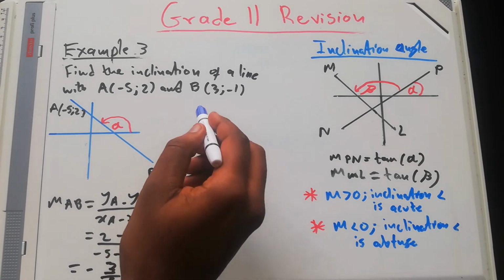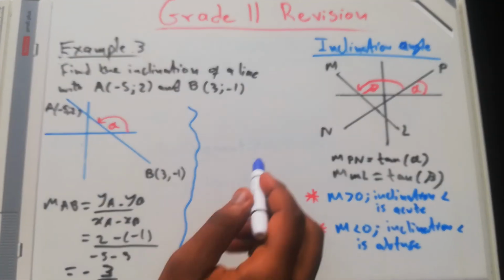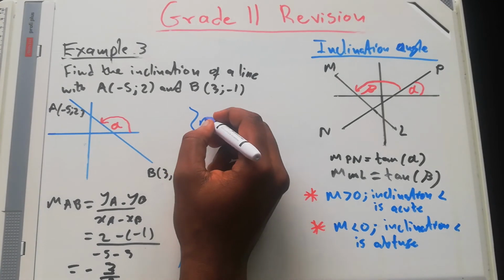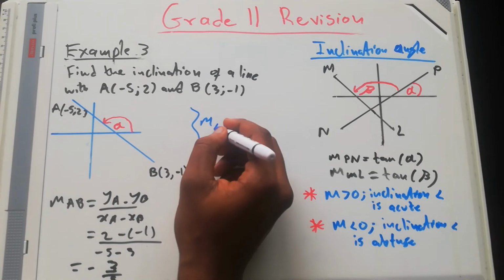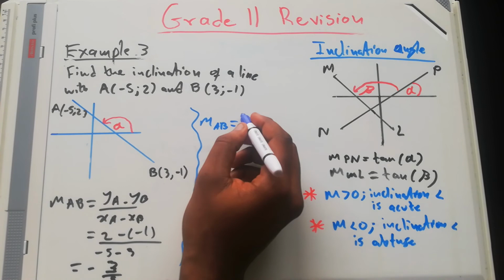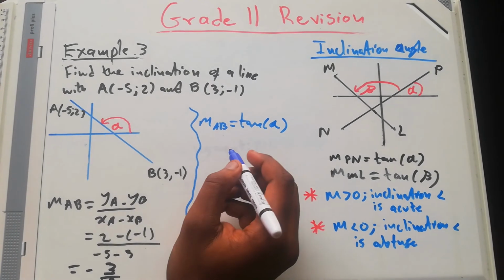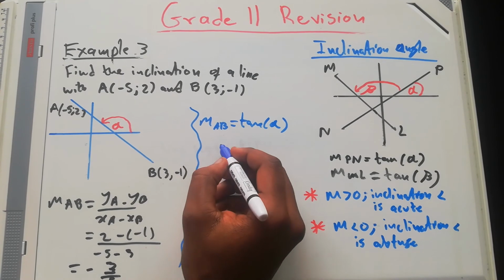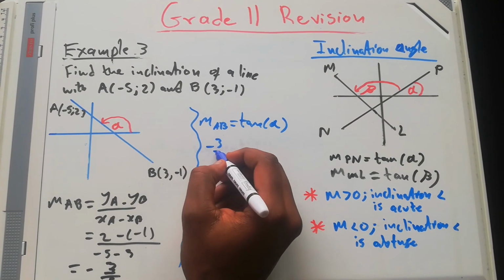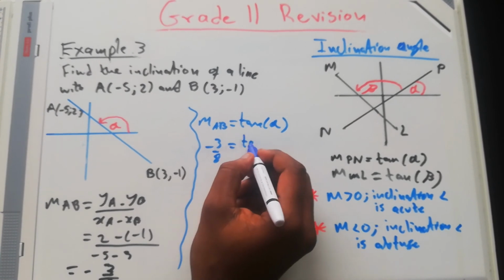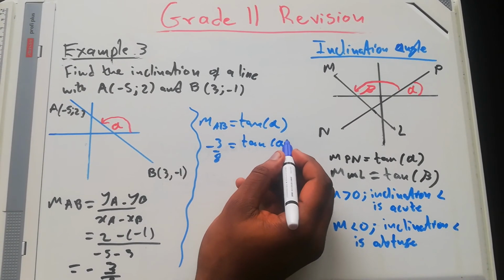From then on, you can use this equation. The gradient of AB is equal to the tangent of this angle. So minus 3 over 8 is equal to the tangent of this angle.